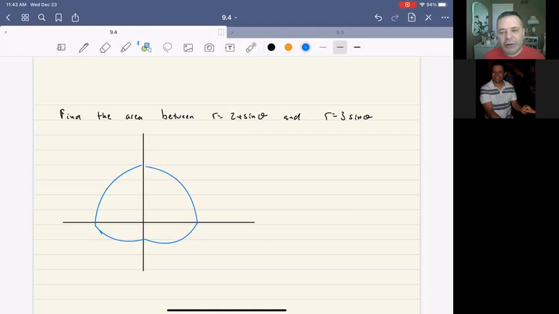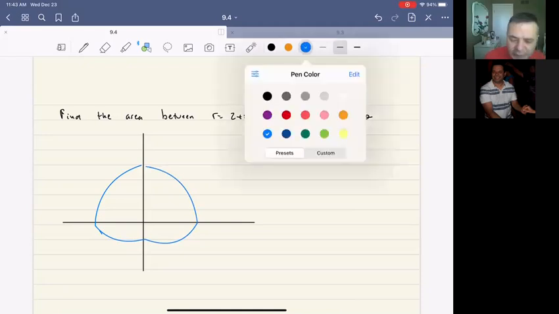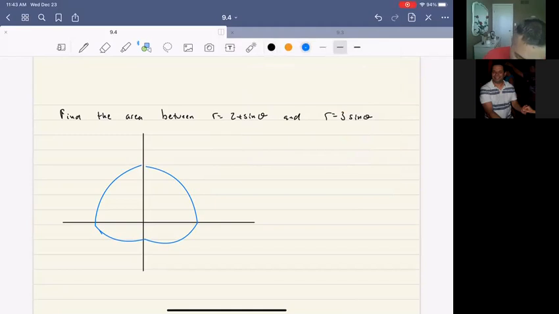And r equals 3 sine theta. Well, we know how to do that. That actually is a circle: x squared plus y minus 3 halves squared equals 9/4, 3 halves squared.